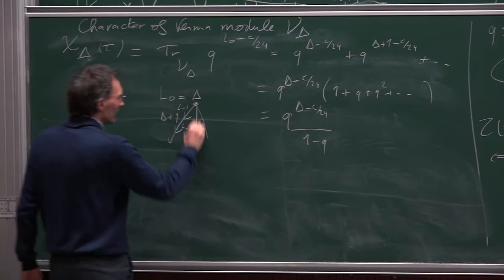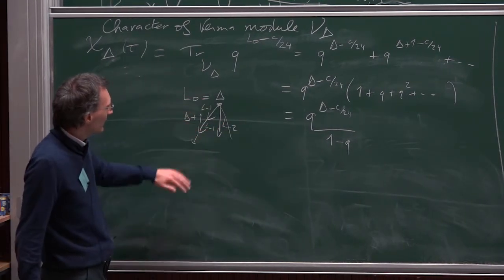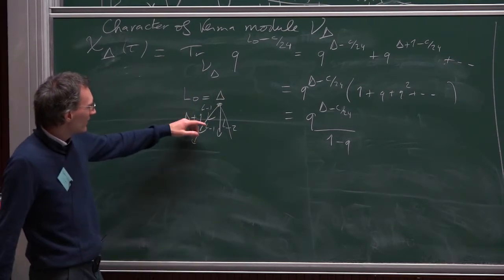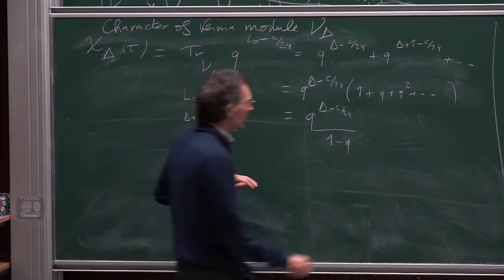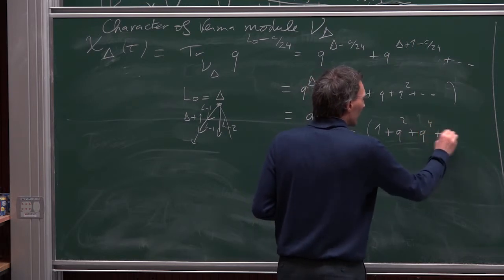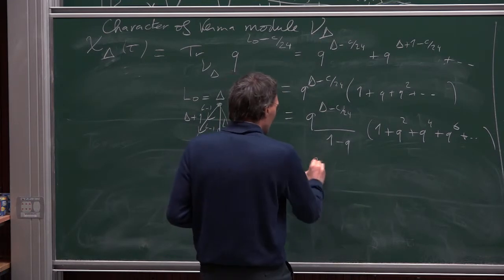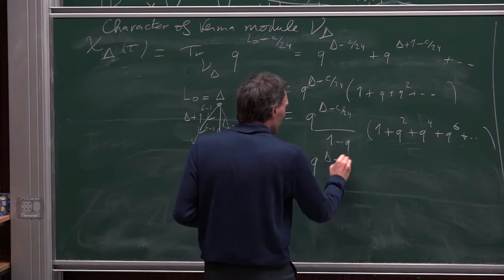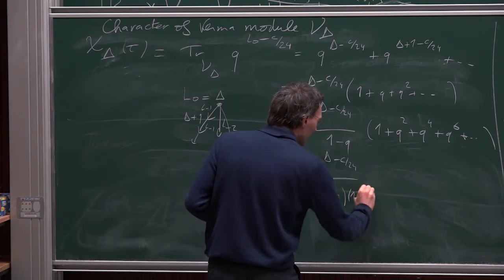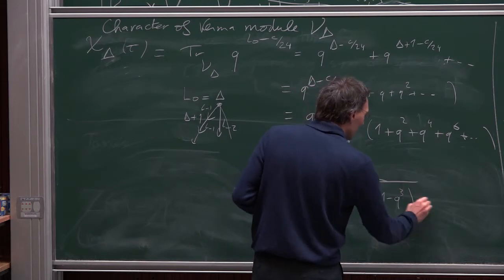But of course, I don't just have the L minus 1, I also have L minus 2, except that L minus 2 jumps 2 levels each time. And it turns out that the contribution of this action of L minus 2 is just something like 1 plus q squared plus q fourth plus q sixth. So therefore, the character is q to the delta minus c over 24 over 1 minus q, times 1 over 1 minus q squared for L minus 2, and then there is a 1 over 1 minus q cubed for L minus 3, etc.